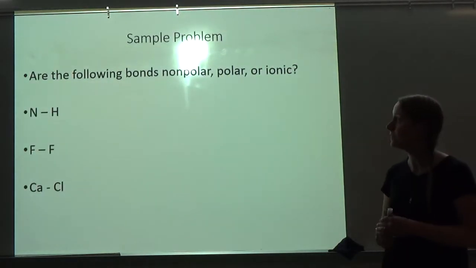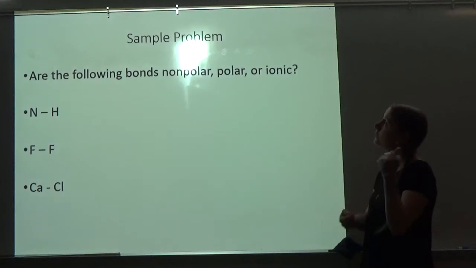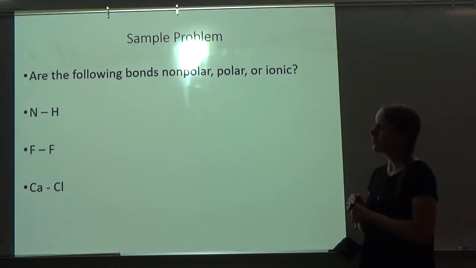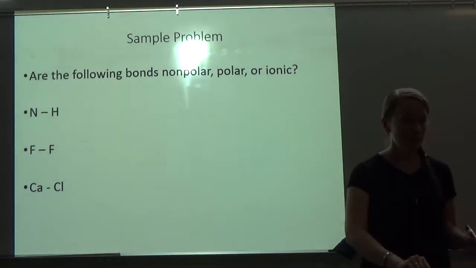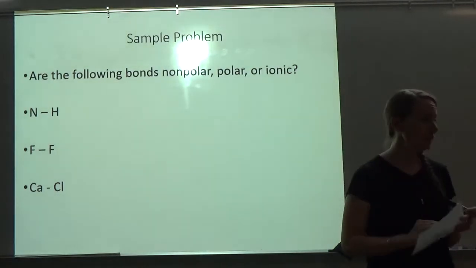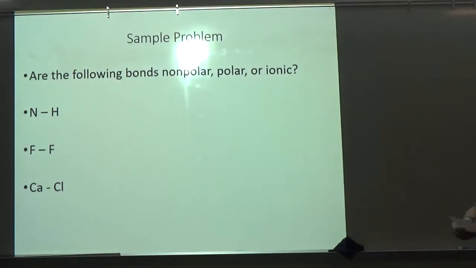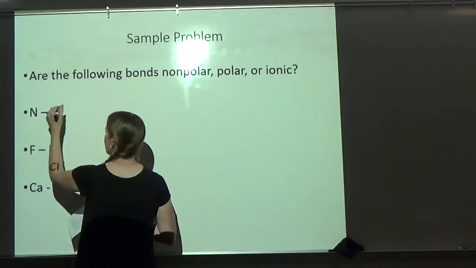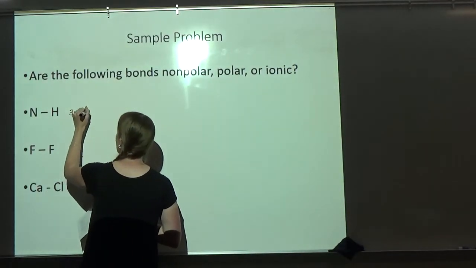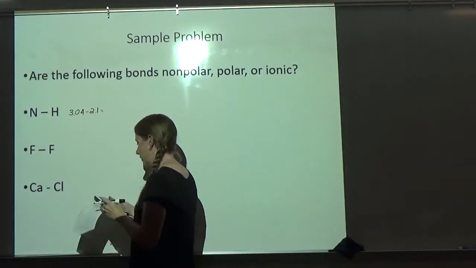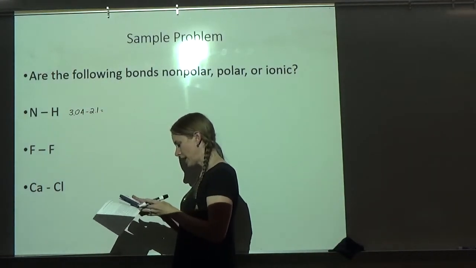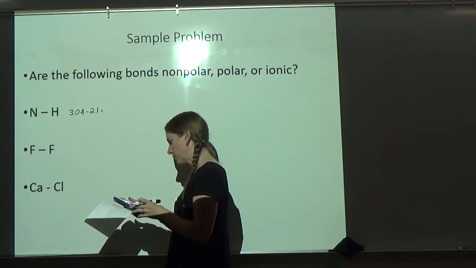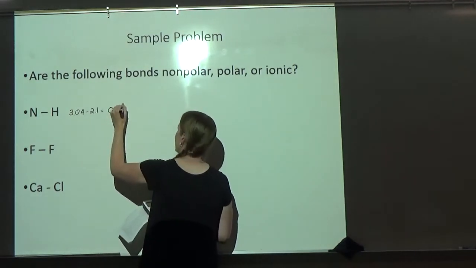So let's look at a couple of these. Are the following bonds nonpolar, polar, or ionic? Again, all I'm going to do is use my electronegativities chart and grab a calculator. I can see that N is 3.04 and H is 2.1. I subtract 3.04 minus 2.1, and I get 0.94.